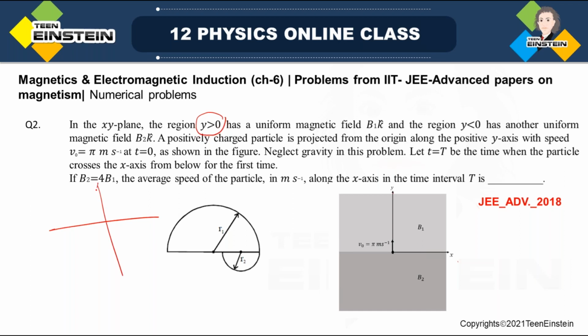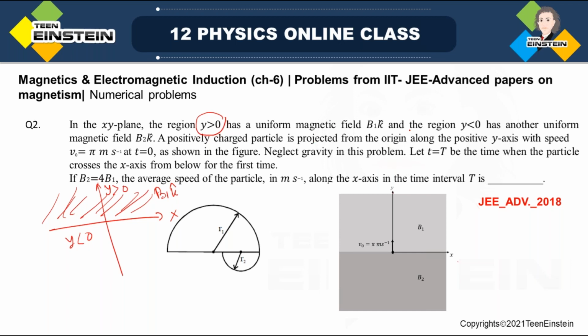If this is the Y axis and this is the X axis, y greater than 0 is this whole region, and y less than 0 is the negative side. Here there is a uniform magnetic field B1 k-cap, which means the magnetic field is always pointing in the Z direction with a constant value B1.